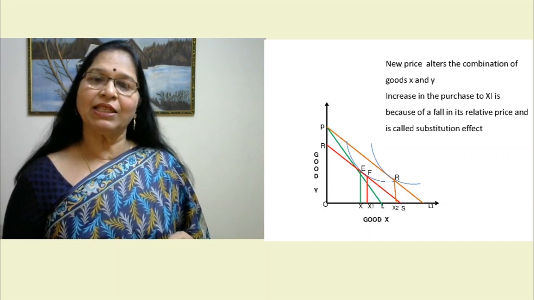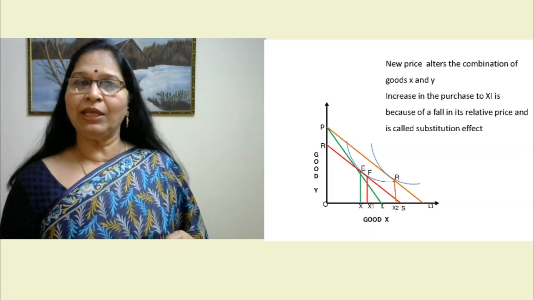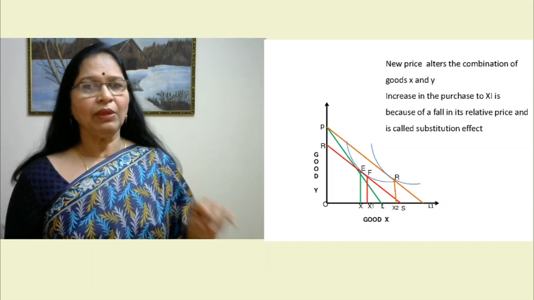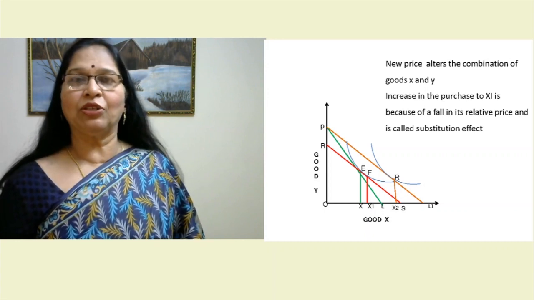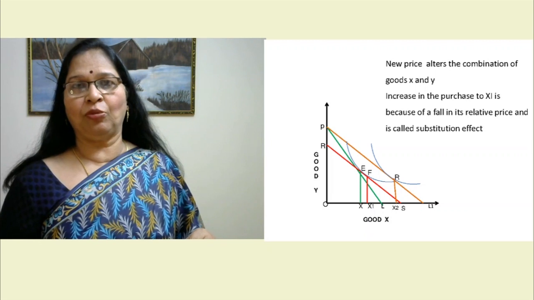The income effect is seeing how much extra income the consumer will get because of the price, and because of that how much the consumer can buy extra. And the other one we are only talking about because of the fall in the price of X, how many more units of commodity X a consumer will buy.